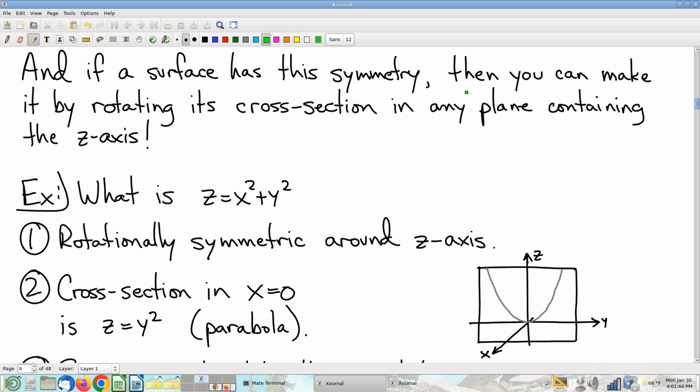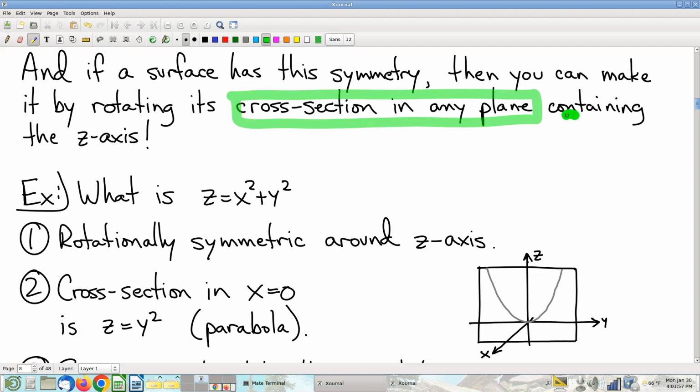The big idea is that if you have rotational symmetry, then all you have to do is understand any one of its cross sections, specifically any cross section containing the z-axis. If you understand one, and you know it's rotationally symmetric, you can just imagine geometrically rotating it around the z-axis. It will generate your exact surface.